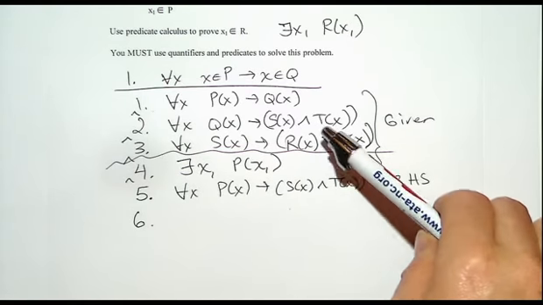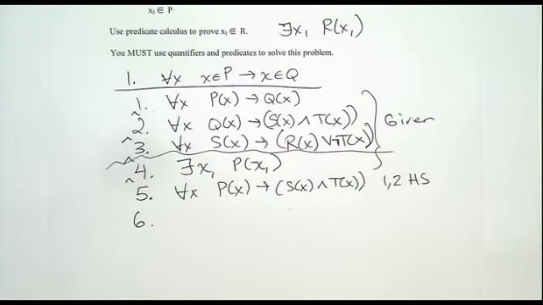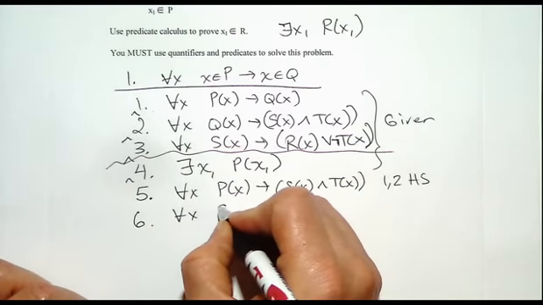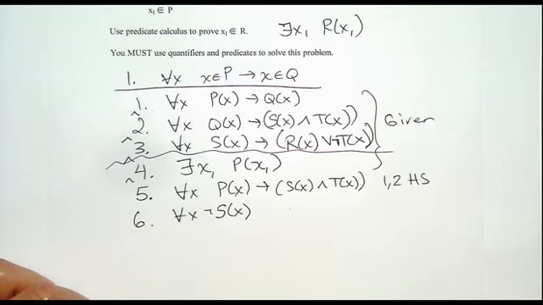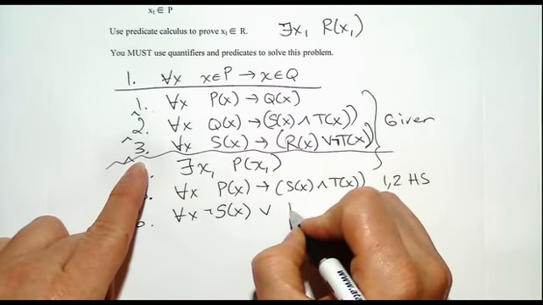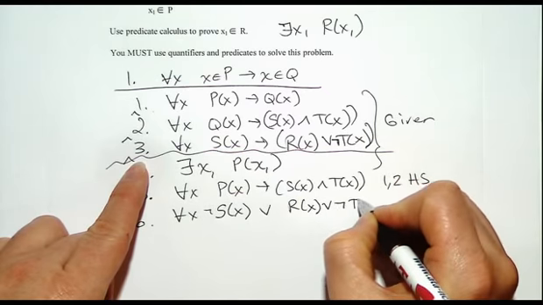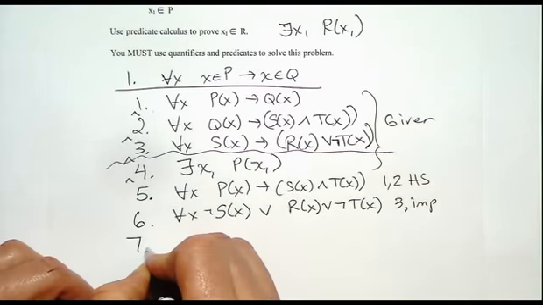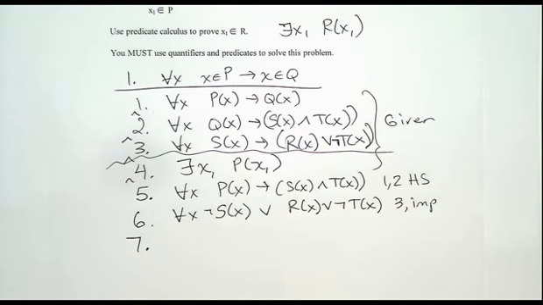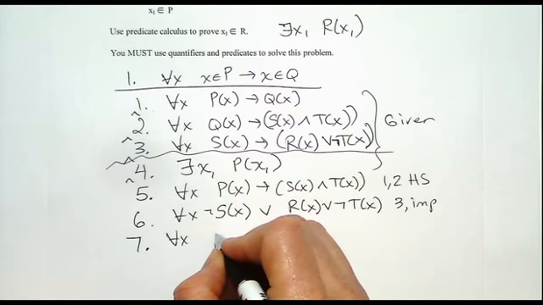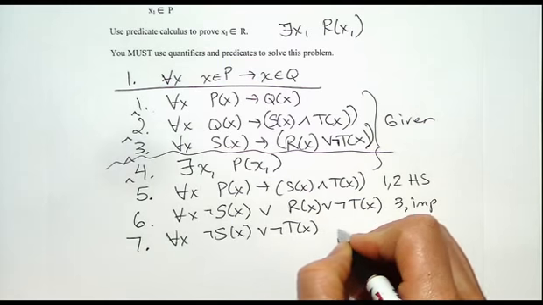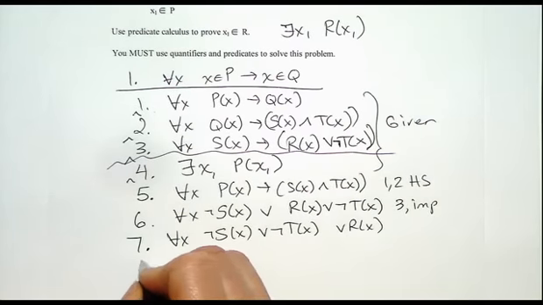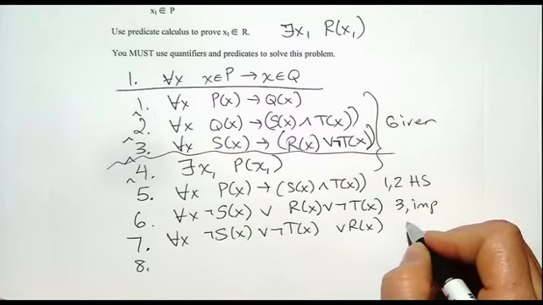I can't use hypothetical syllogism because the left-hand side doesn't match the right-hand side. So what I could do is switch the implication inside line 3 into an OR. And then rearrange to get the S and T together. And this is just commutative.